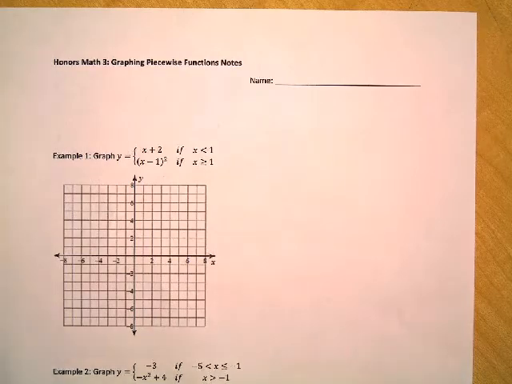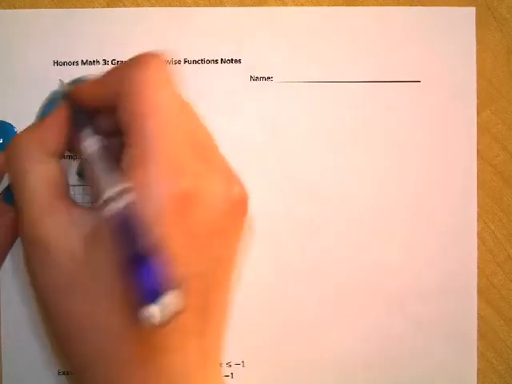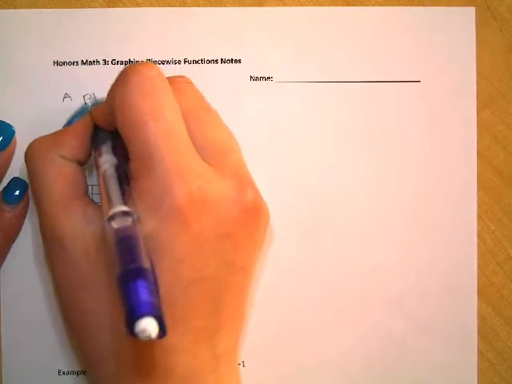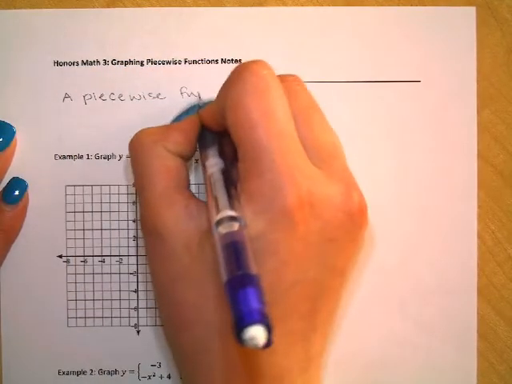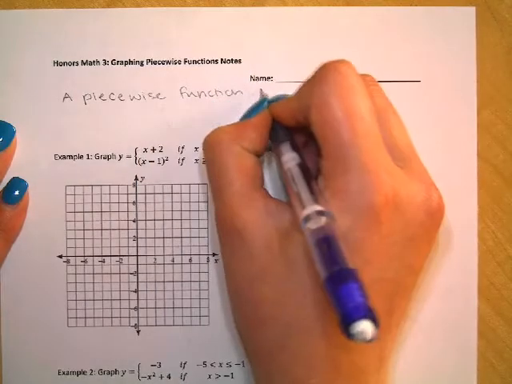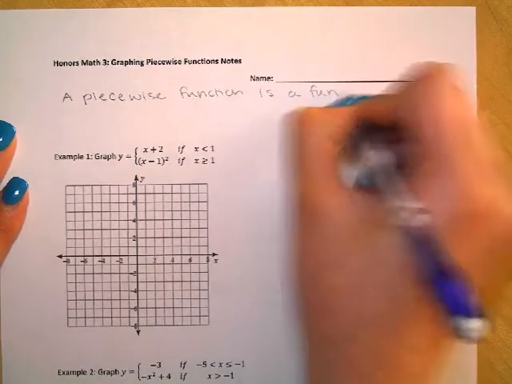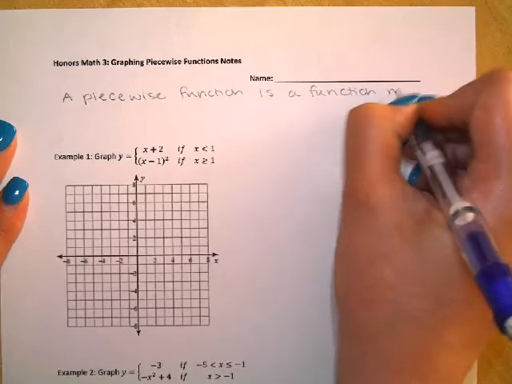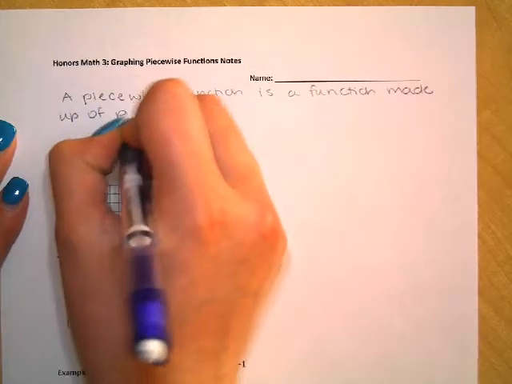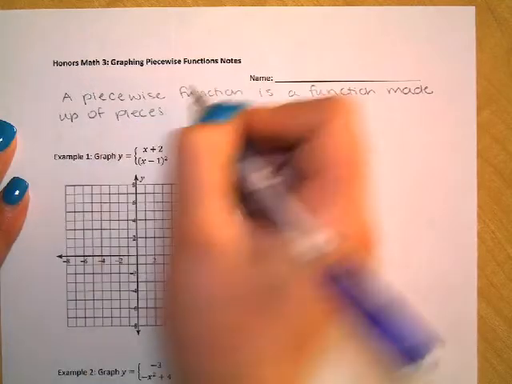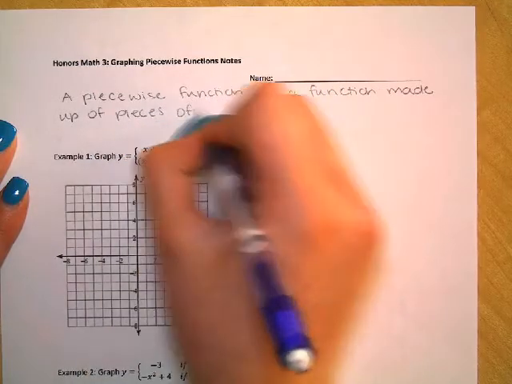All right, this video is on how to graph piecewise functions and also talking about the definition of them, like what are they? So in this blank space, you can write: a piecewise function is a function made up of pieces of other functions.